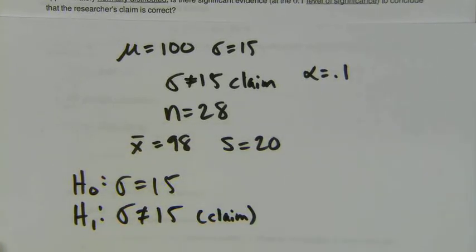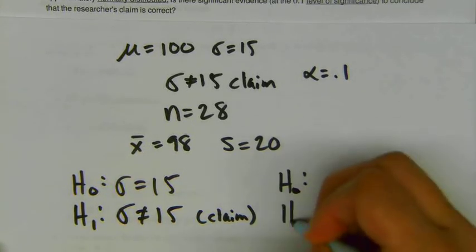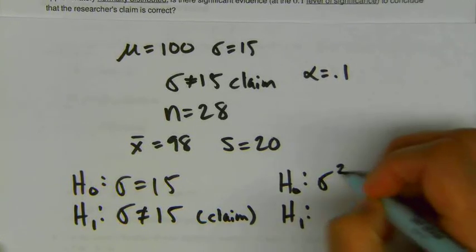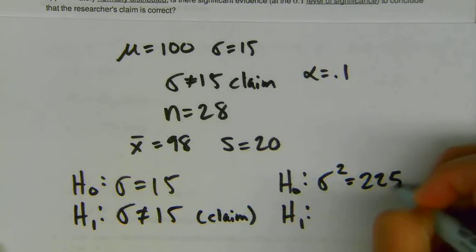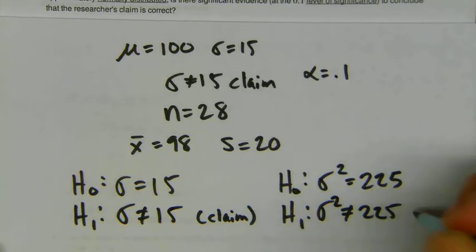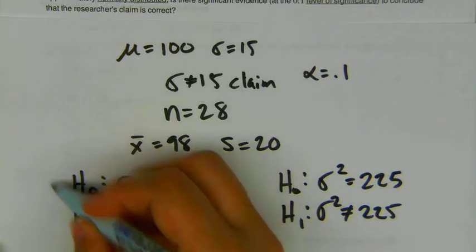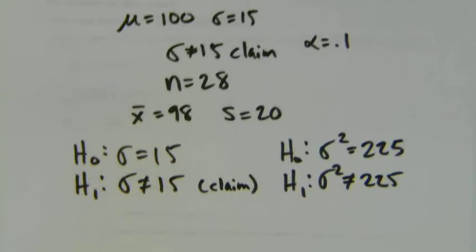If you wanted to write it as a variance, that's fine. If I take 15 and square it, it comes out to be 225. These are testing exactly the same thing, and I don't care which one you use. I would assume it's easier to stick with what was given in the problem. So we're going to use sigma equals 15.